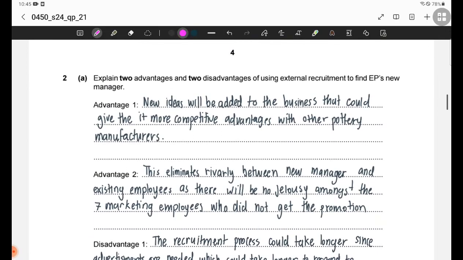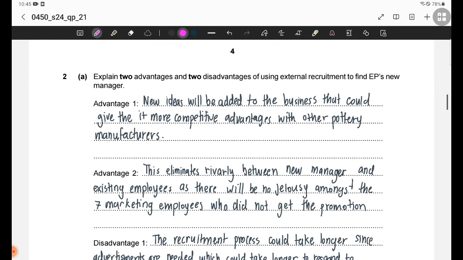All right, next is question number 2. Explain 2 advantages and 2 disadvantages of using external recruitment to find EP's new manager. We can see in the case study the organizational chart for EP.